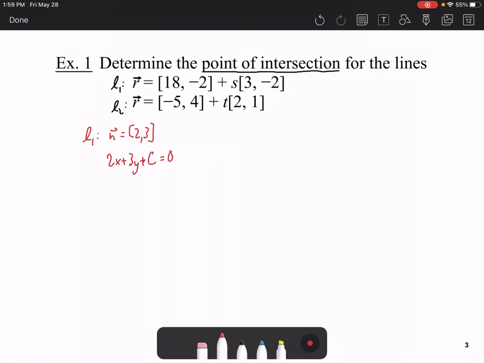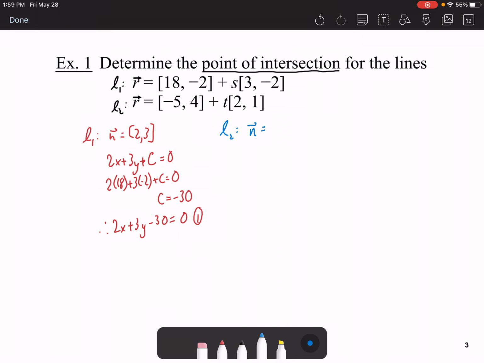And now I'm going to solve for C. So I get my first line. I'm going to call it equation 1. Now I'm going to change line 2.